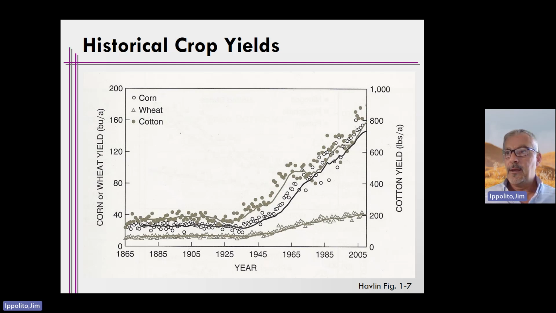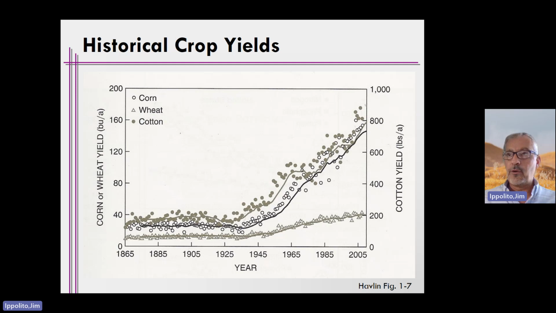We see an uptick in the 40s due to a number of processes that were utilized during the Second World War that were applied directly to the fertilizer industry and the creation of synthetic fertilizers. And this is where we saw a major uptick and where we see a major uptick even to this day.